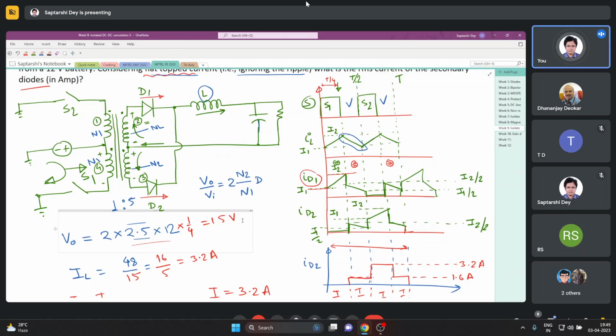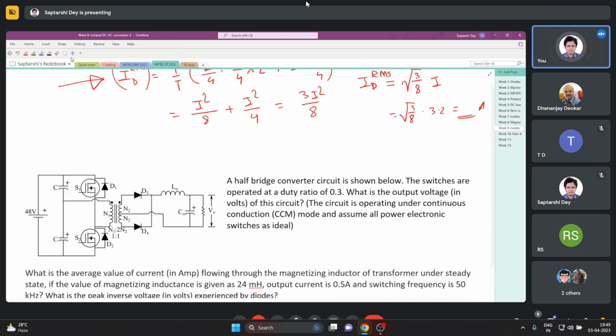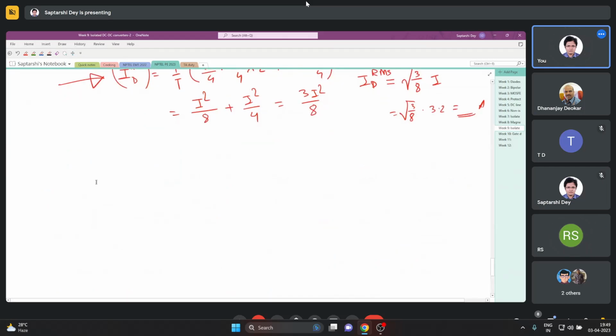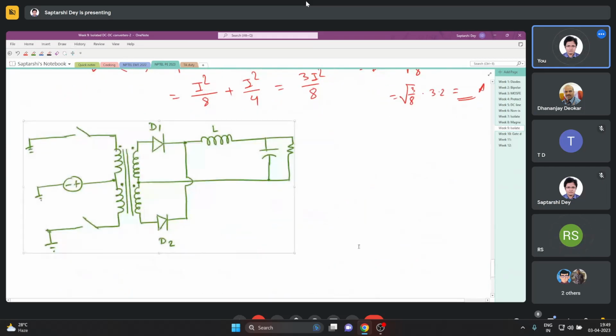Yes. We draw it referred to one side, so we can draw it from any side. So what I think, if you have to draw, say when S1 is on, let me see if I have it still in my clipboard. Say, I'm not very sure about the explanation, but this might be true.